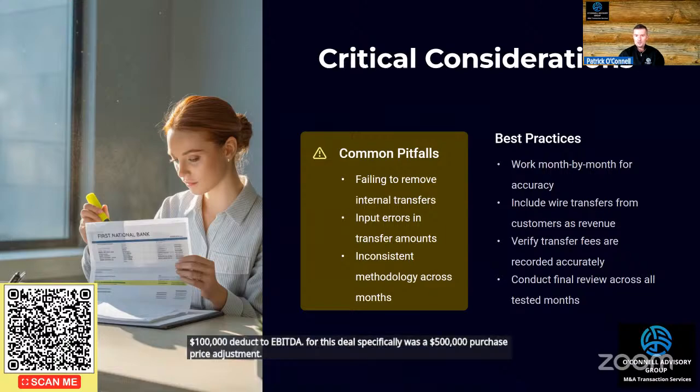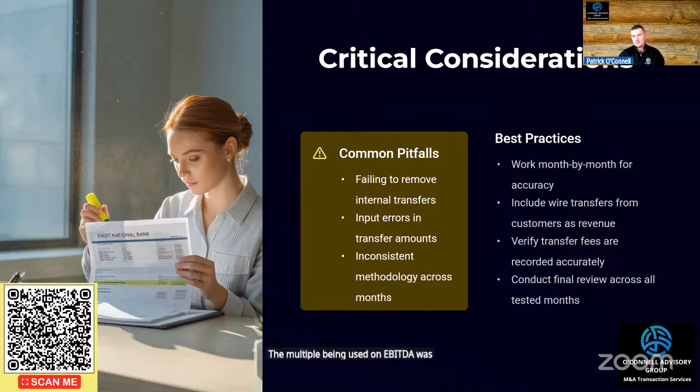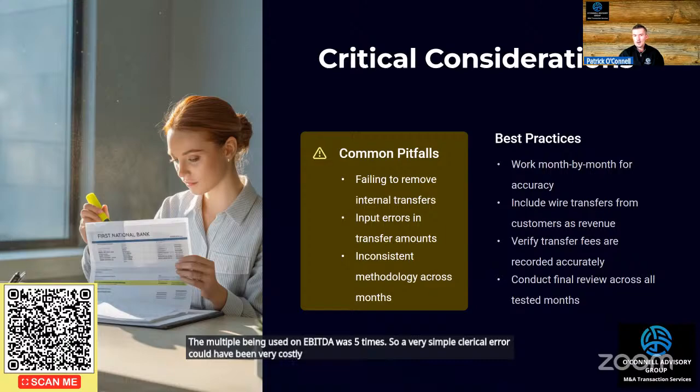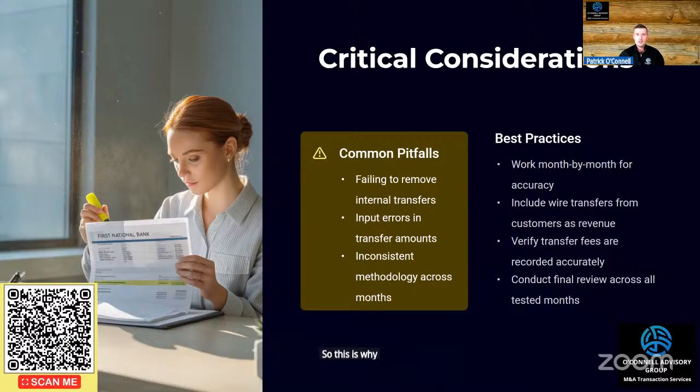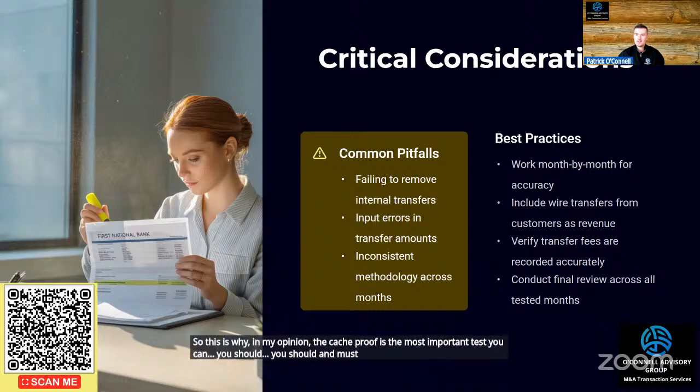The multiple being used on EBITDA was 5 times. So a very simple clerical error could have been very costly for the buyer if this was not caught. This is why, in my opinion, the cash proof is the most important test you should and must conduct on every acquisition before you sign that purchase agreement.